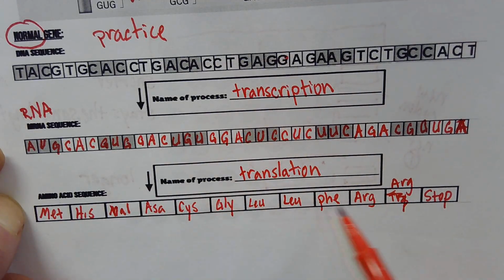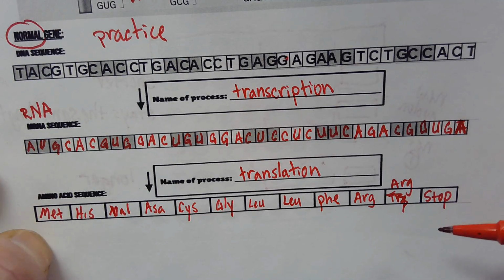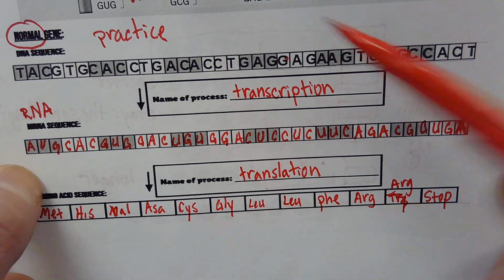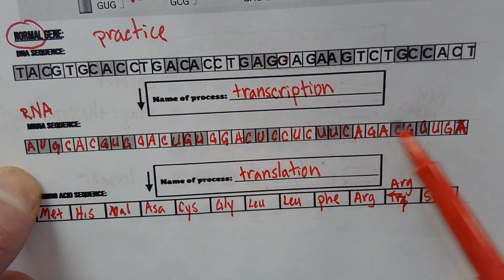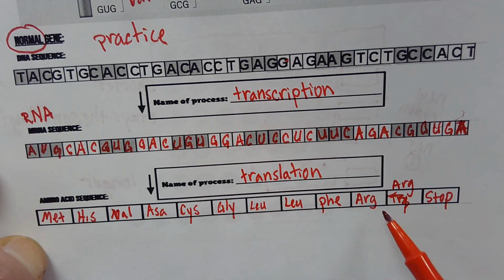This is a new language. Again, I think about this as how I translate something. I say something in one language, and then I say it in another. This language is base pairs, or bases. And then this new language is amino acids.